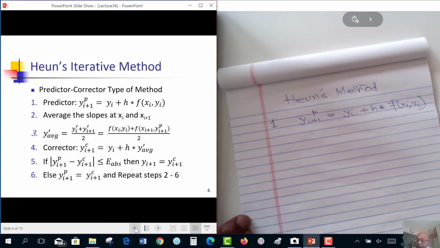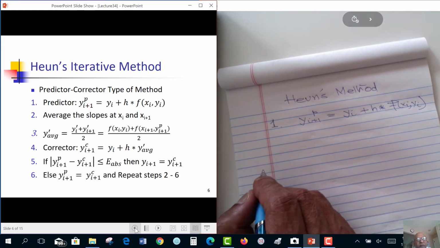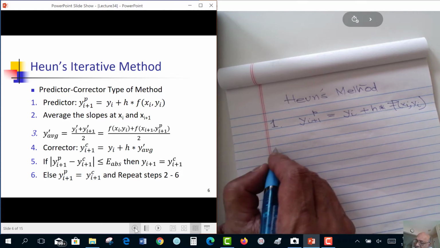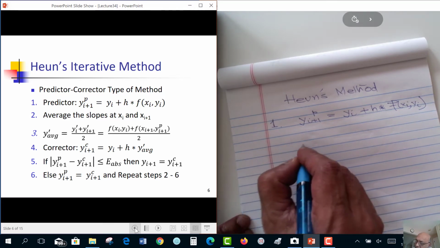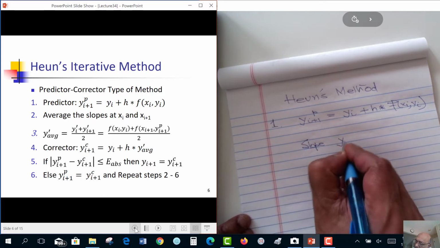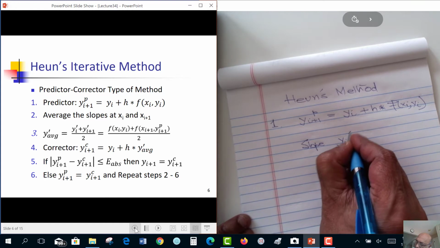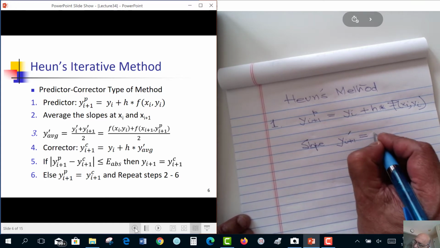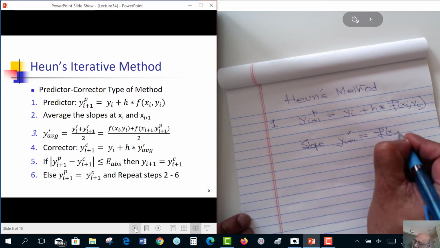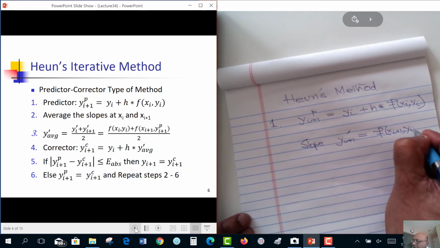So this is our Euler's estimate. And then we compute the slope, which is the function at x_i+1 using this y_i+1 predicted value.